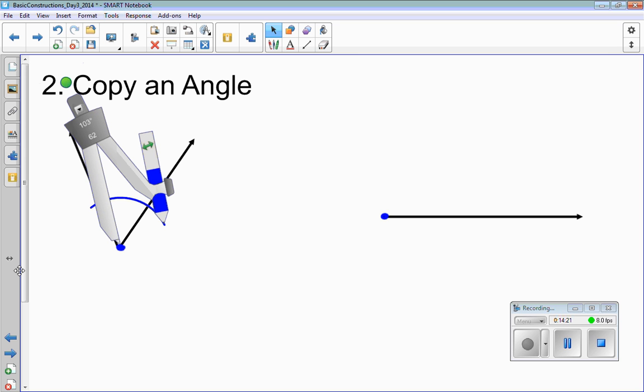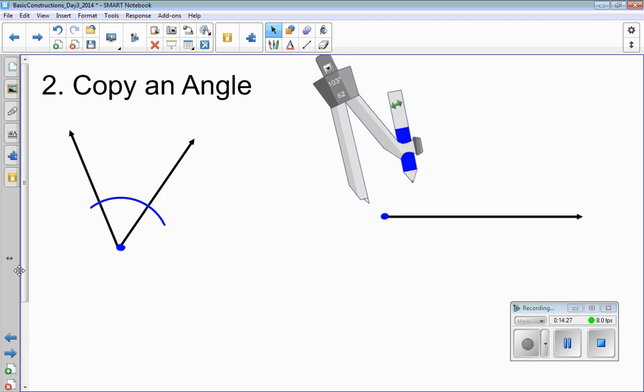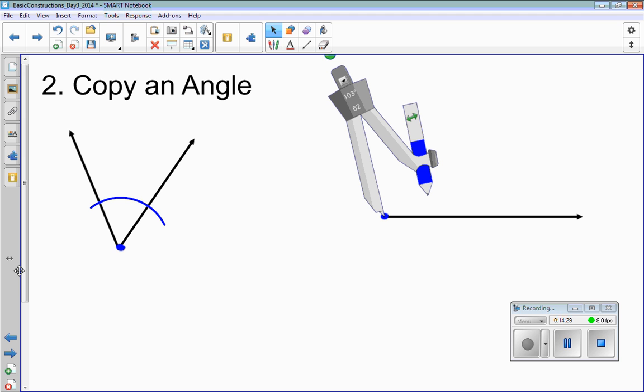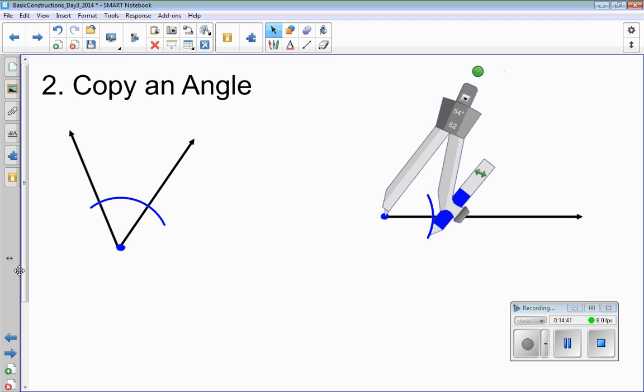All right, so we've made an arc. We're not going to move the spread of our compass at all. We're just going to move our compass, the sharp point, or again, the circle part, to the other side, and we're going to make the same exact arc. Again, sliding your paper around might be a little bit easier than the compass itself.